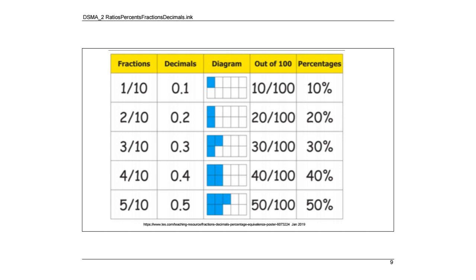All right, so this chart is just showing you kind of the relationship before we get to fractions here. 0.1 is the same as 10%. We know these two columns. We've been working on this. 0.2 is 20%. If you come all the way down, 0.5 is 50%.